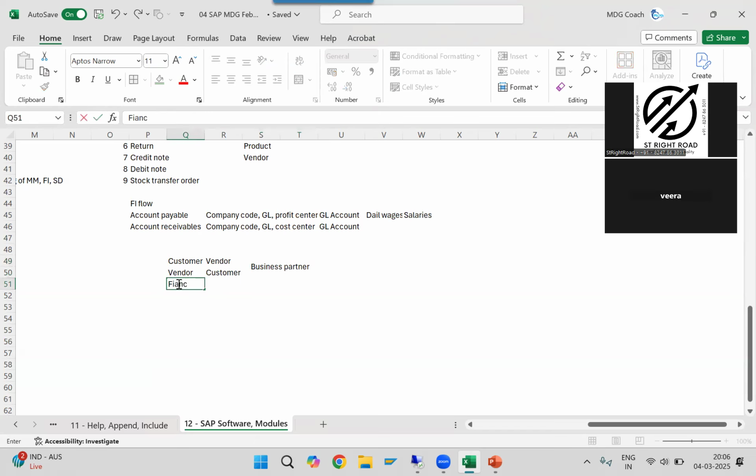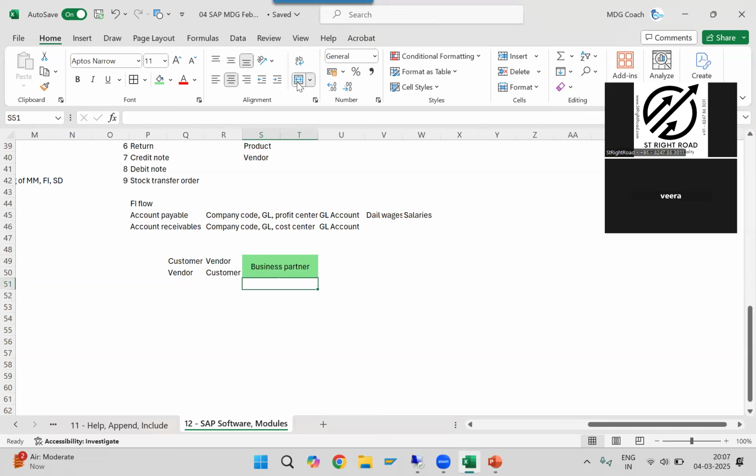In finance also we have some business roles. Depending upon the roles, the same person can act as both. That is nothing but business partner. So a business partner may be a vendor or a customer. Clear? In our MDG terminology, we are going to hear business partner very frequently.